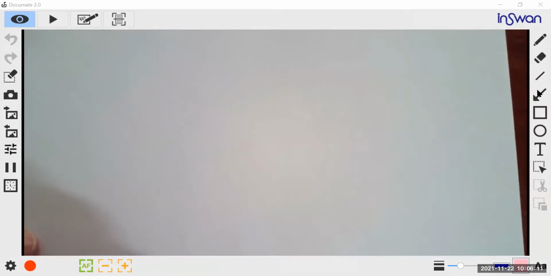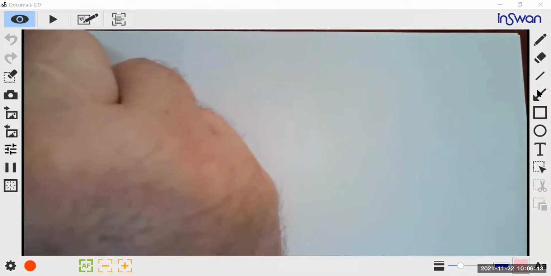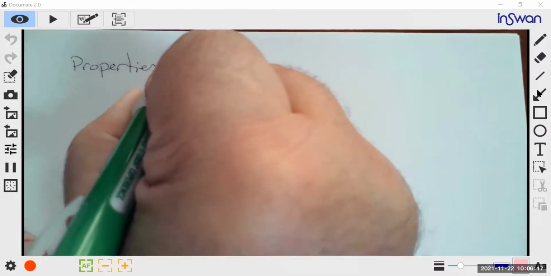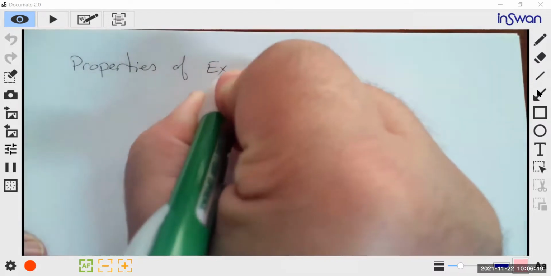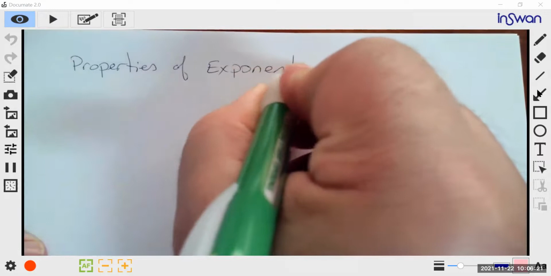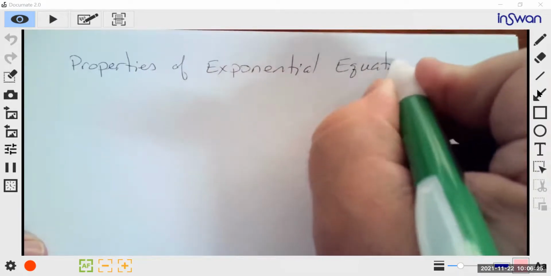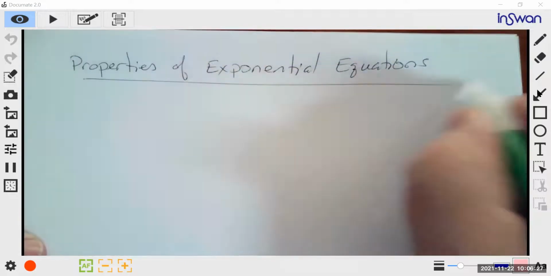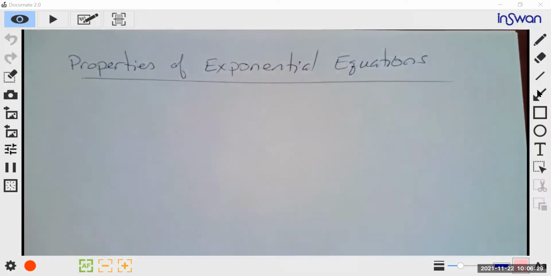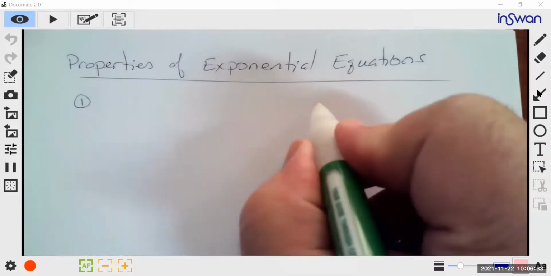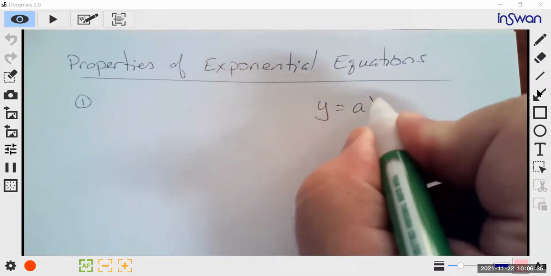Let's look at the properties of exponential equations. y equals a to the x.